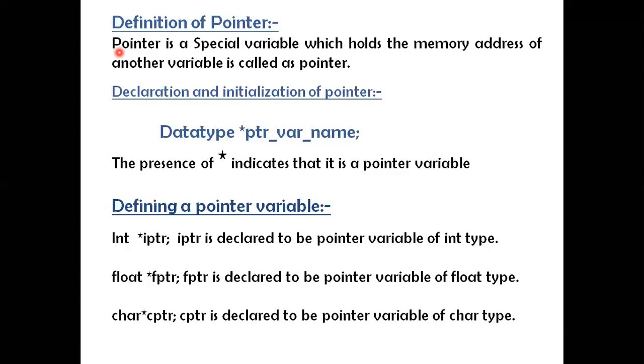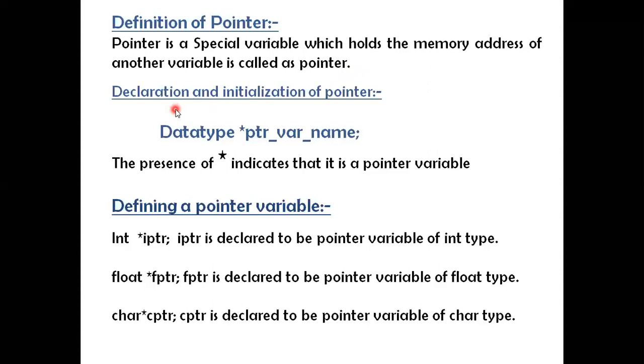What is a pointer? Or else the question will be in a different form, that is, define pointer. So a pointer is a special variable which holds the memory address of another variable. It's a very simple definition which you can get in the textbook.